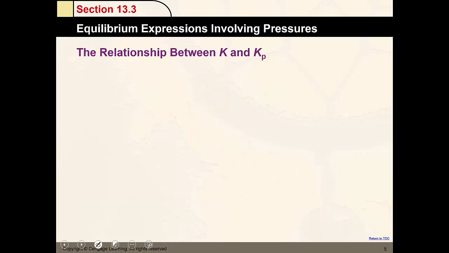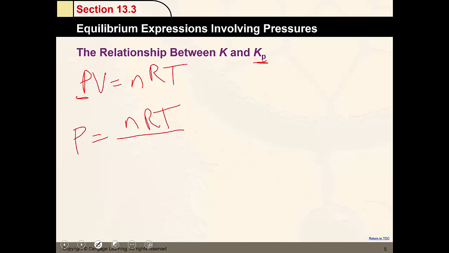Now we're going to see the relationship between K, or Kc, and Kp. And we can derive that relationship from the ideal gas law. So if you remember, the ideal gas law is PV equals nRT. And let's say here we want to solve for pressure, because we're talking about Kp. So pressure is nRT over V, the volume.